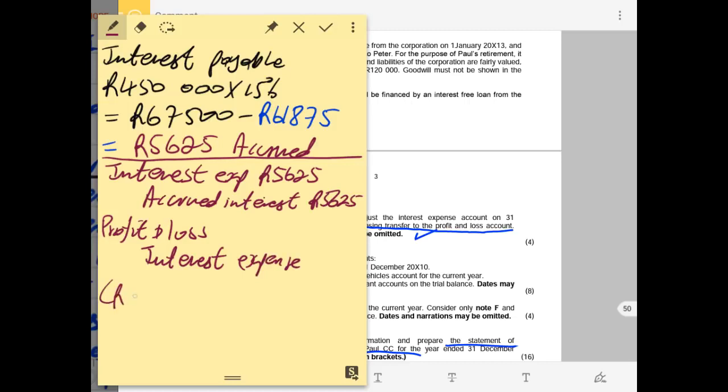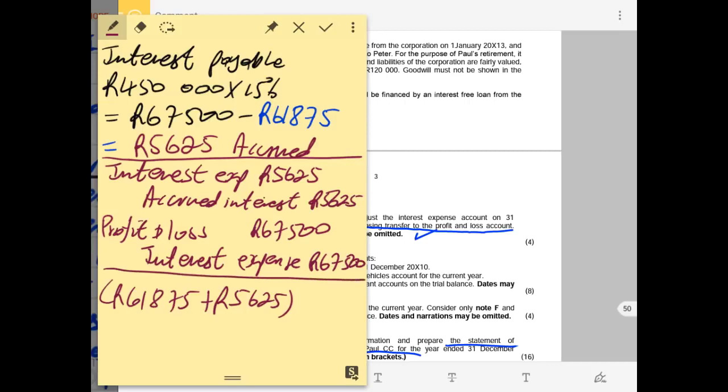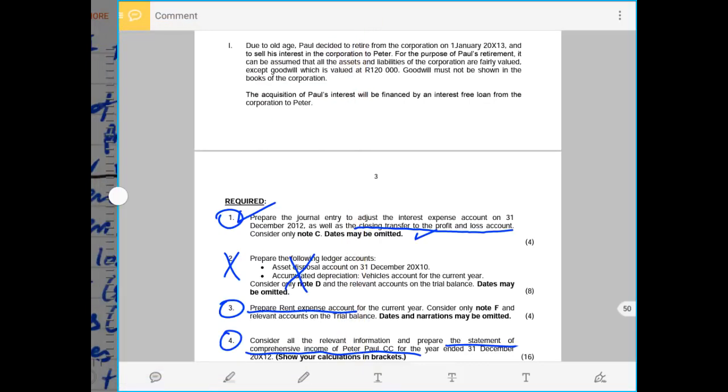So now that will be the sum of 61,875 plus 5,625, which at the end gives us the total of the interest expense as 67,500. So we debit here 67,500 and credit 67,500. So now that is requirement number 1. You'll get your tick, your tick, your tick, and your tick. That is out of 4 marks.